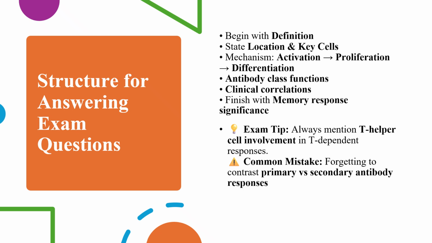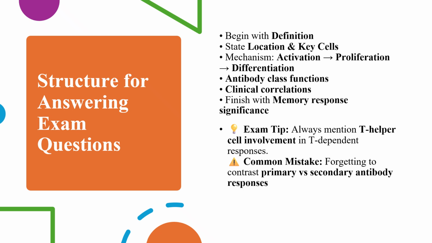Now, exam tip, always mention the T helper cell involvement in T-dependent responses. Examiners watch for this because it shows you understand how B cells receive instructional signals for class switching and affinity maturation.